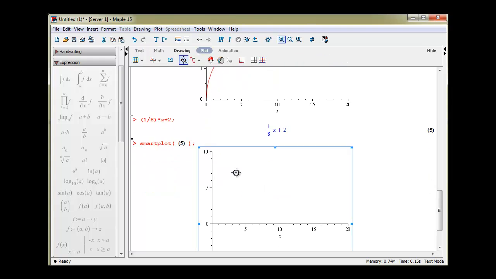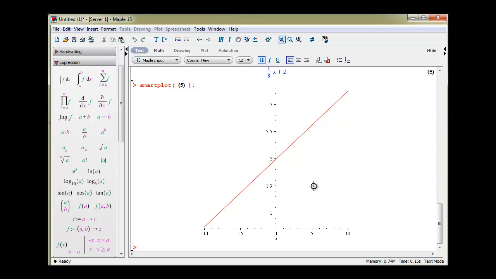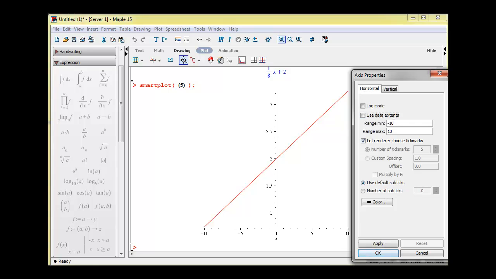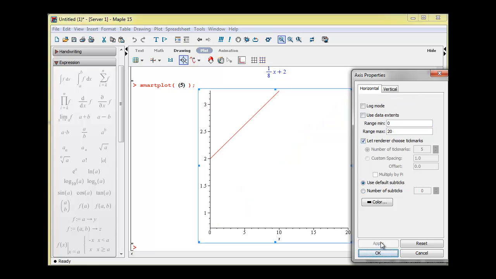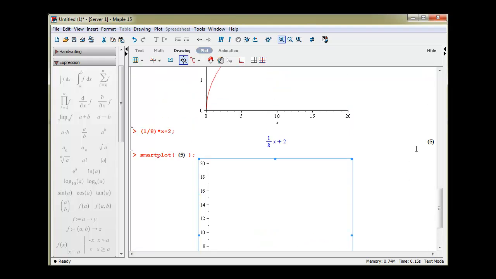So 0 to 20. There. Now why wouldn't it want to plot 0 to 20 here? And let's change our vertical then. Going to 0 is fine, but let's go up to at least 20 as well.